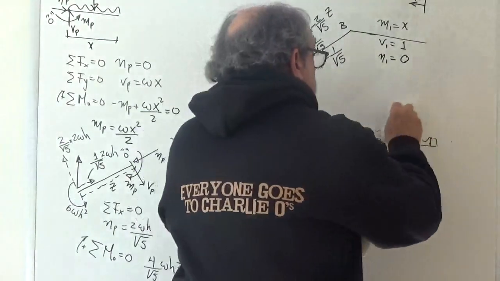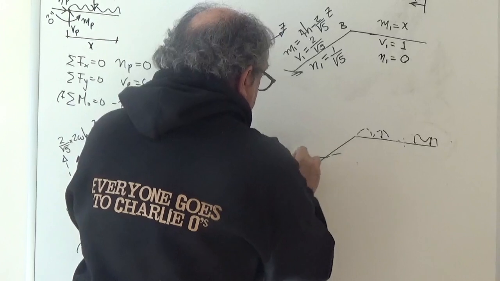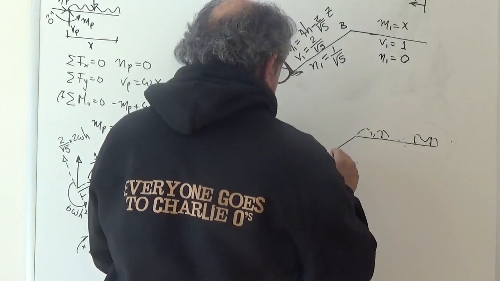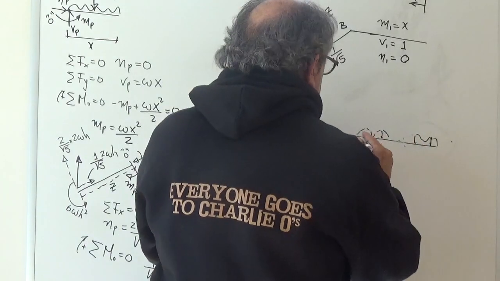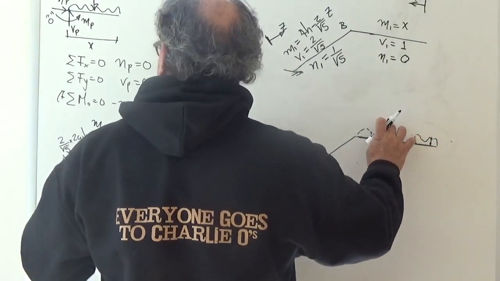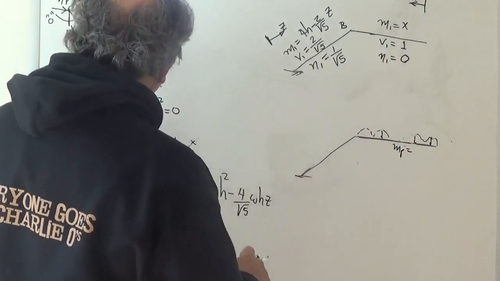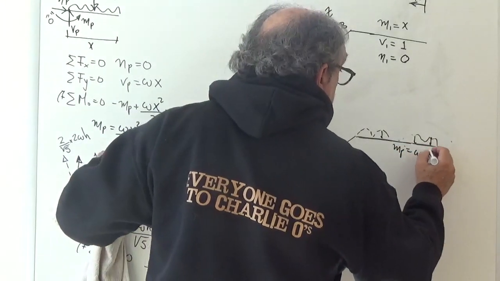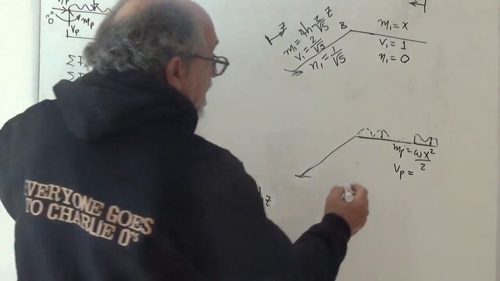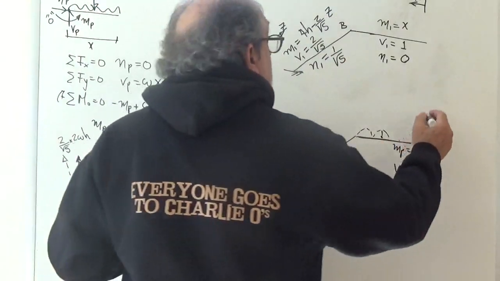So I will do that by erasing this. And showing that on this bar, we had MP equals WX squared over 2. We had VP equals WX, and we had NP equals 0, with X starting this way.